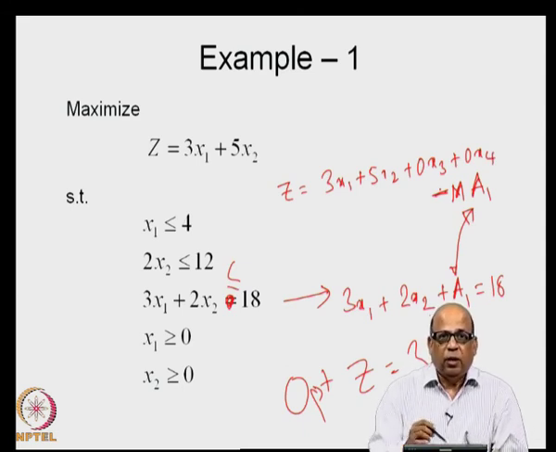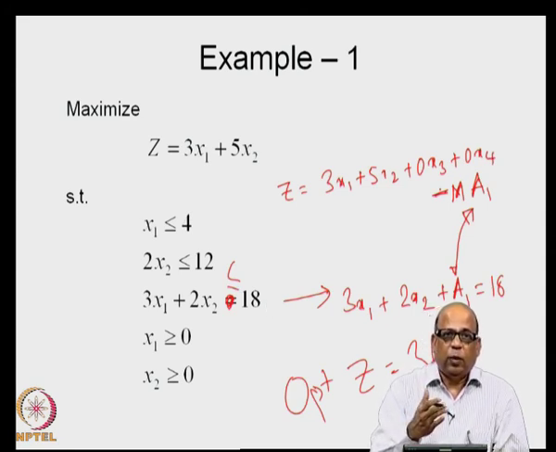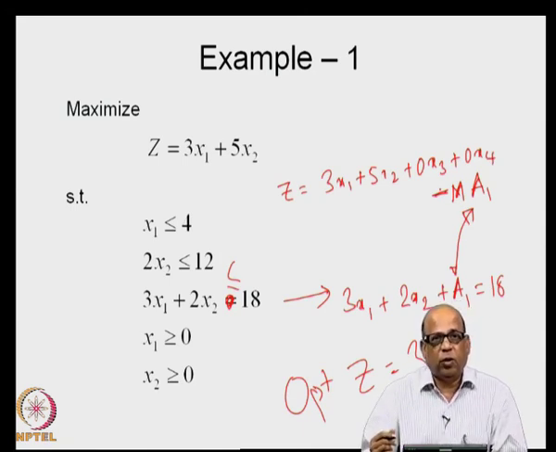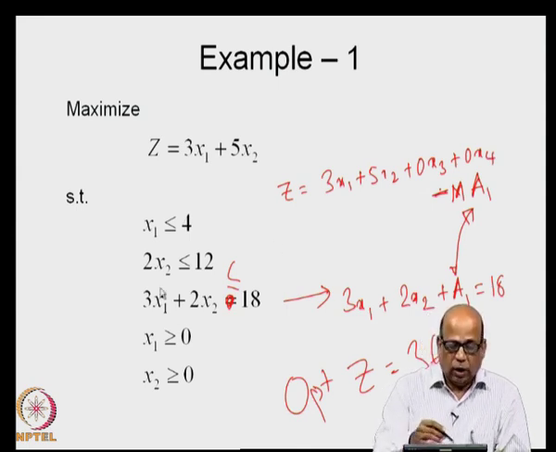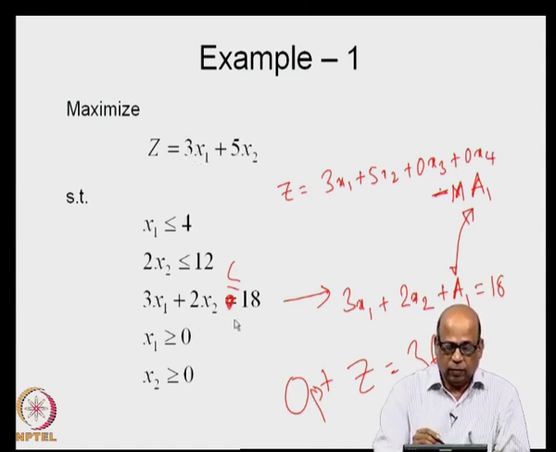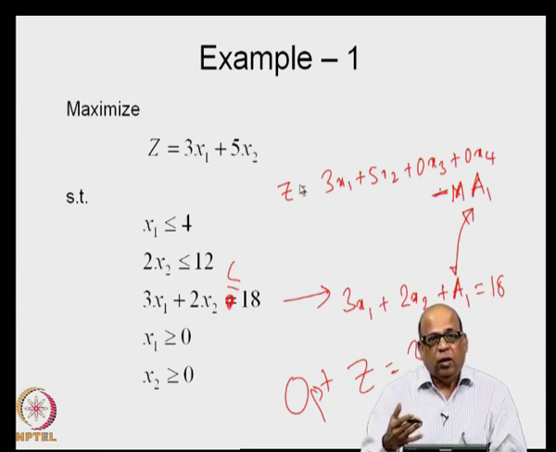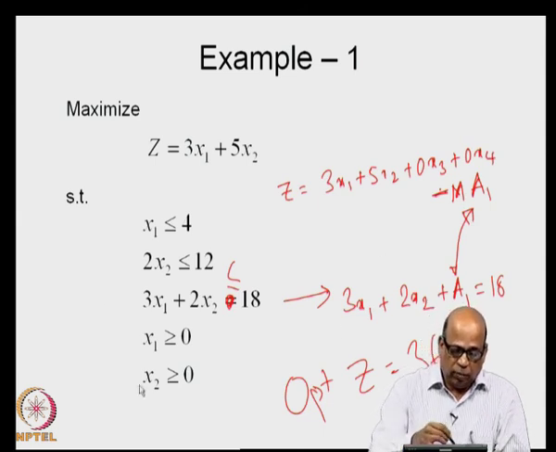You may say, instead of right hand side being 18, if it was 16, if my resource available was much more restrictive than 18, let us say it was 16, then how much do I sacrifice on the objective function, and so on. There are several questions that you can ask. This is maximization. Therefore, let us say that instead of 3 it was 2, what happens to my objective function? All such questions you can answer using the final optimal solution itself.